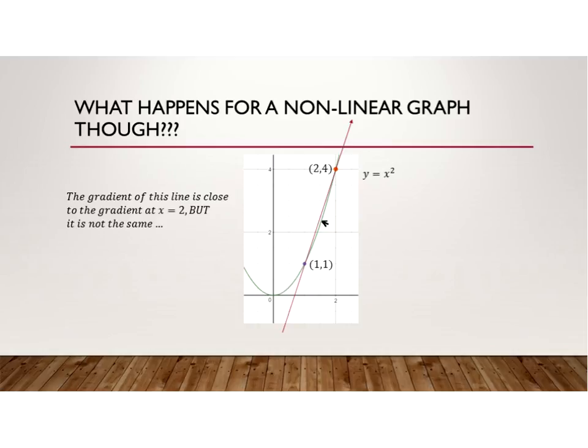So if I'm going to represent this with a straight line, the straight line that would represent the curve at (2, 4) is called the tangent to the curve. It just touches the curve in one place. The problem with that is that you haven't got 2 points on the curve itself that you can work with.